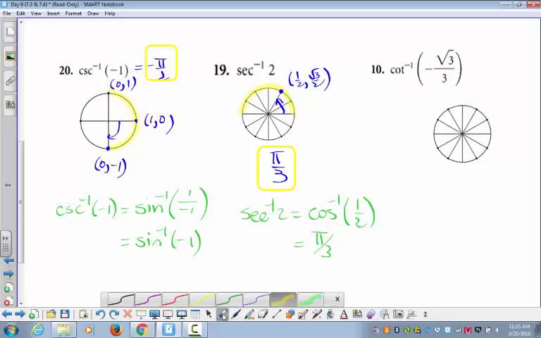Inverse cotangent is going to be an angle on the top half of the circle. So in the big picture, there's going to be 3 on top and 3 on the right. So inverse cosine and inverse secant and inverse cotangent are on top. Inverse sine, inverse cosecant, and inverse tangent are on the right. They'll be split evenly, 3 and 3.